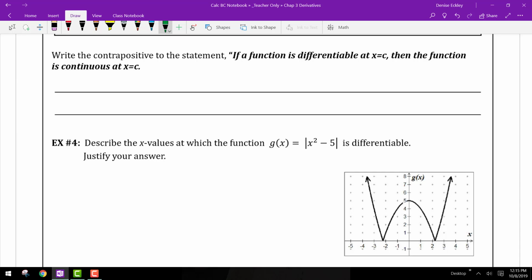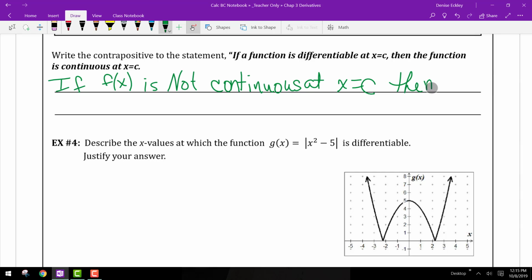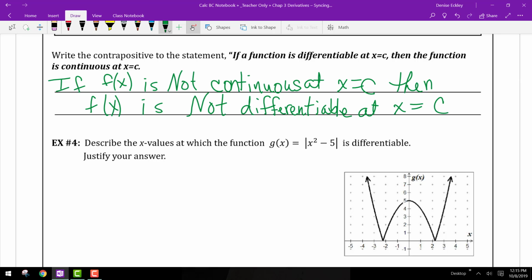So we would say, if f is not continuous at x equals C, then f of x is not differentiable at x equals C. And that is going to be true.